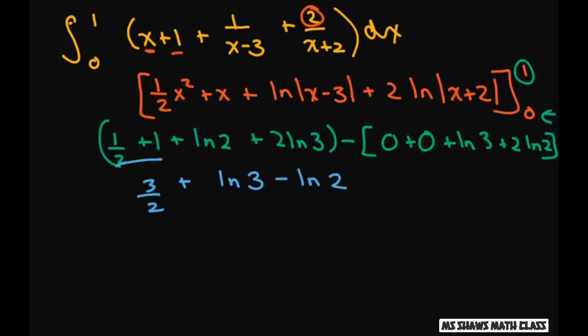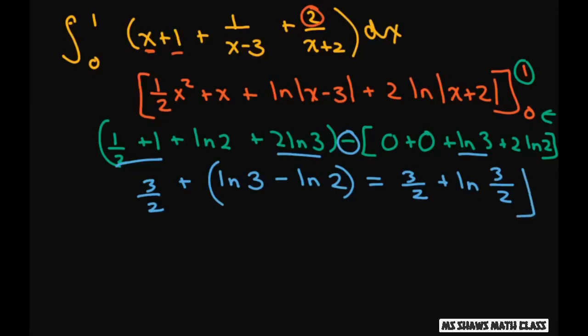So, because you have 2 ln of 3 minus a ln of 3. So I just did that all together, and this simplifies. You got to make this a single log. So this is going to be 3/2 plus ln, one single log, 3 divided by 2. And that's your final answer.